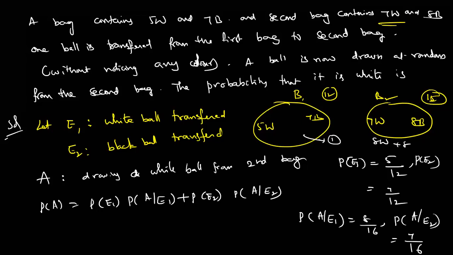Concept is what here? They are asking what is the probability of drawing a white ball. So white balls, how many are there? Check it. 7. When drawing a black ball, that's the meaning. That means second case is 7 white balls plus 9 black balls. So 7 by 16. That's the meaning. 7 by 16.